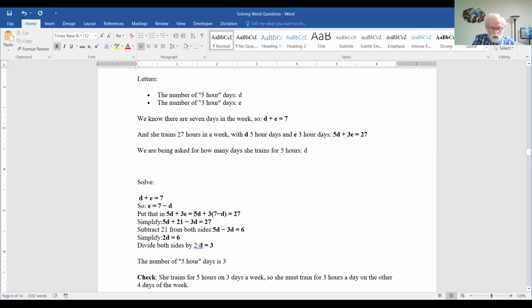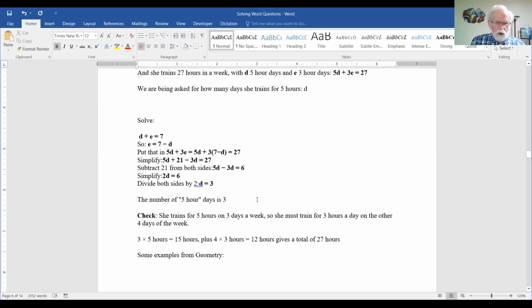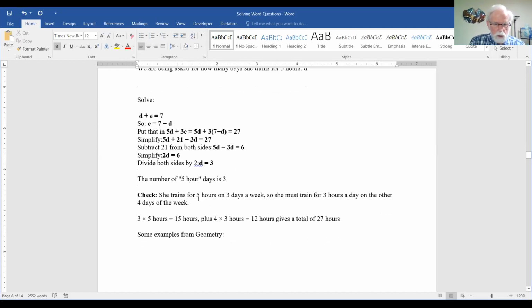So D, the number of 5-hour days, is 3. That means there must be 4 3-hour days. If we add those up, we've got 3 times 5 hours and 4 times 3 hours, we get 27.